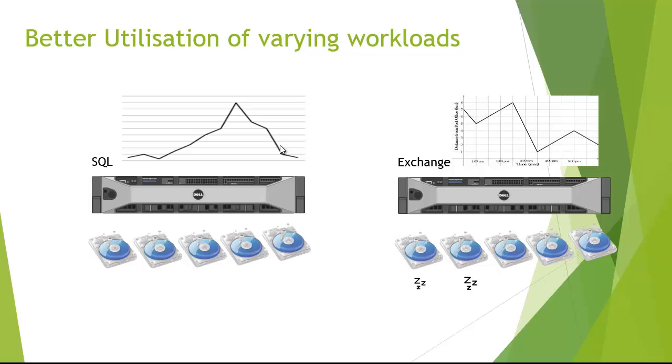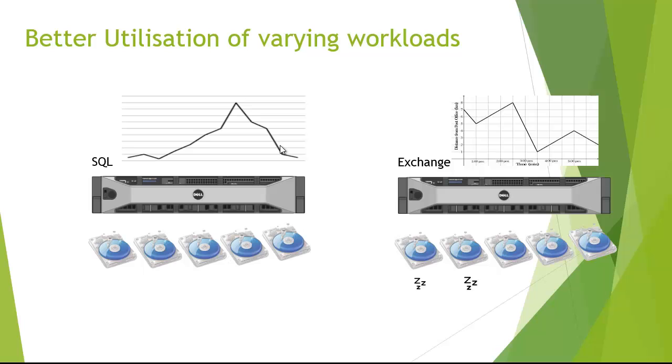So here's a demonstration of a particular problem we have when we've got physical machines and we're storing everything locally. When we're sizing our servers, we have to take into account peak loads. Now, for email servers, typically first thing in the morning, 9 o'clock, everyone turns up, your Exchange server gets hammered as everyone's downloading their emails from the night before, and then throughout the day it plateaus off.